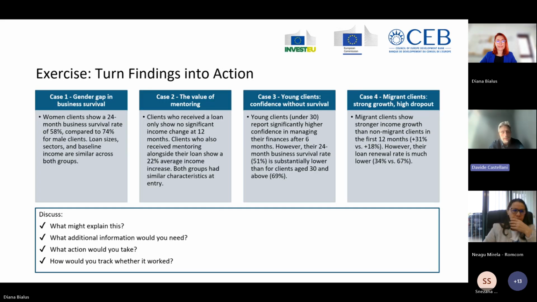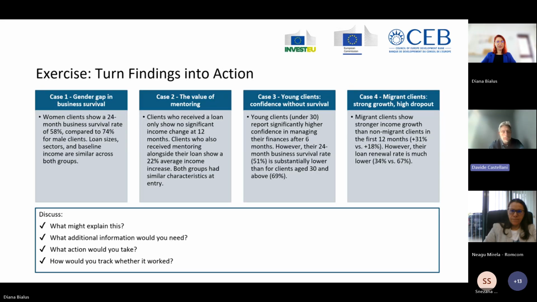So what might explain this? What additional information would you need to complement this? We would also like to have this kind of information to interpret these results, which is not provided here. What action would you take? Just a very simple action that you think might be useful to generate more income, more outcome or impact.